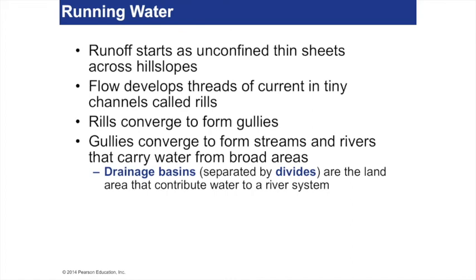A drainage basin is an entire section of land that will eventually be emptied by one river. So as you have, let's say, a hillside, and you've got lots of rills forming lots and lots of gullies, forming lots of streams, all those streams could eventually come into a river. That drainage river is draining that whole system, and that's called a drainage basin.